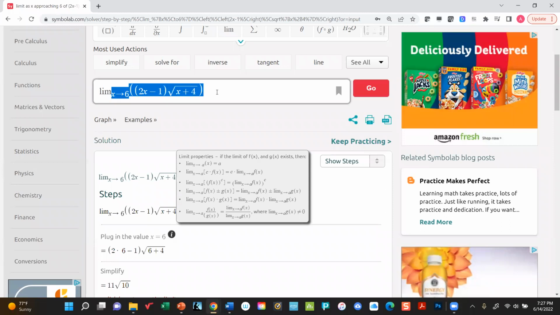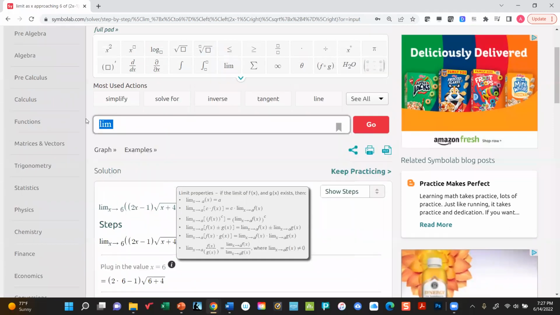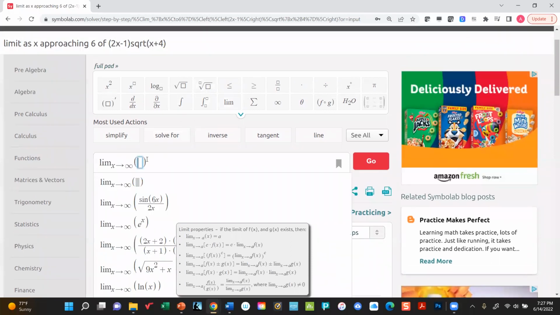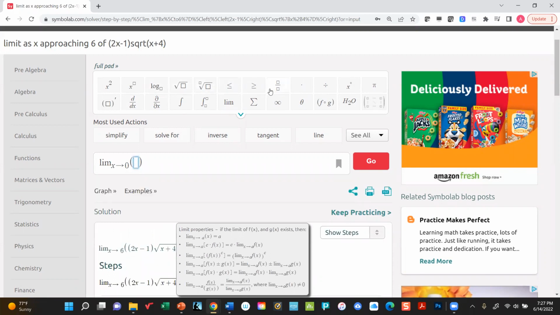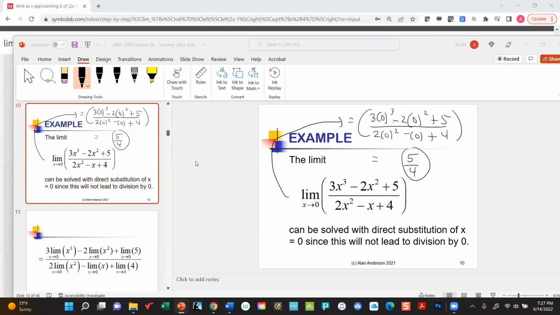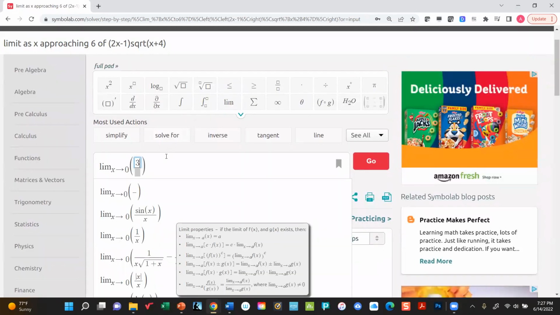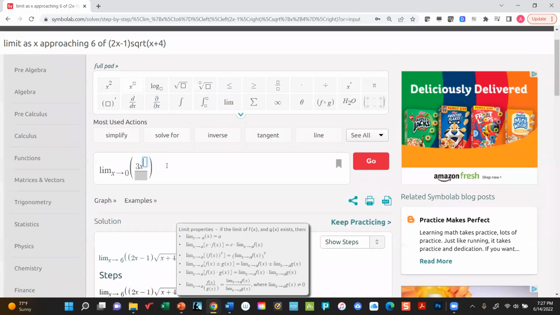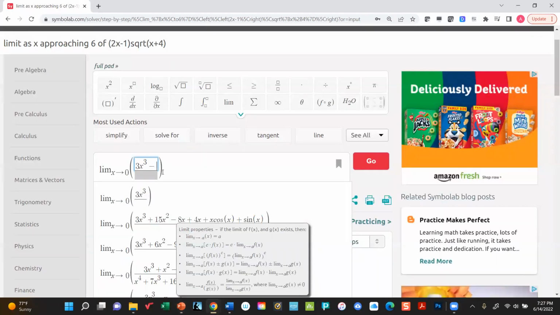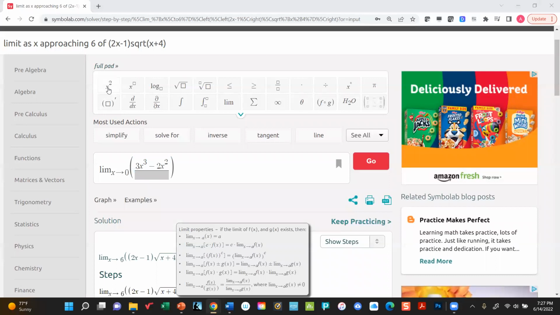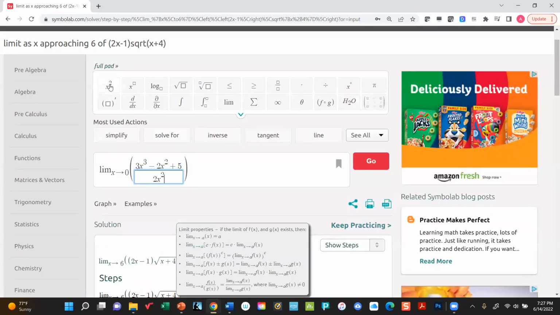The limit as x goes to 0 of 3x cubed minus 2x squared plus 5, over 2x squared minus x plus 4.